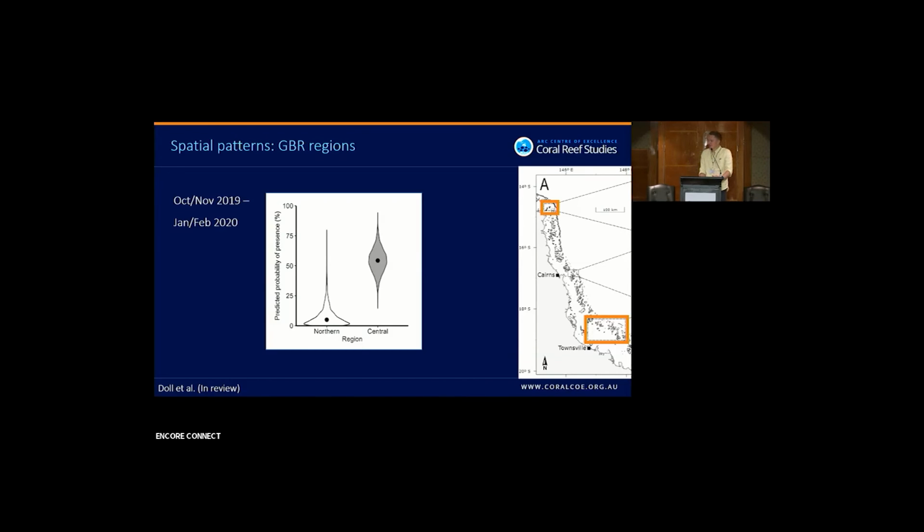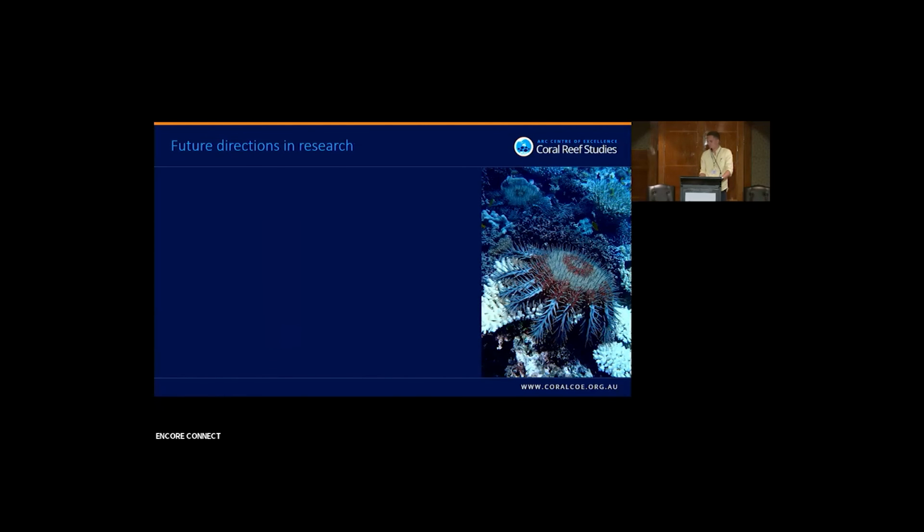This latitudinal difference in settlement rates between the northern and central GBR is also clearly reflected in adult densities during this summer in 2019 and 2020. However, it's also important to emphasize that there was some settlement around Lizard Island, where COTS densities are clearly very low now in this past summer.